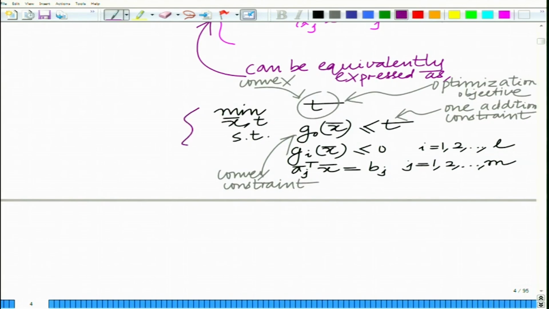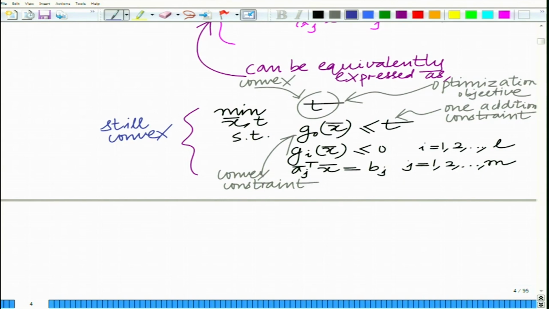So, this modified optimization problem is still convex, and it yields the same solution, that is, the optimal solution x bar of the second problem is the same as the optimal x bar that you obtain from the first problem.